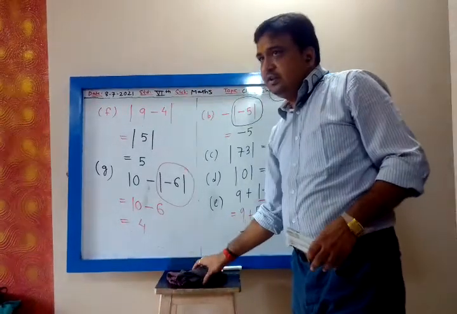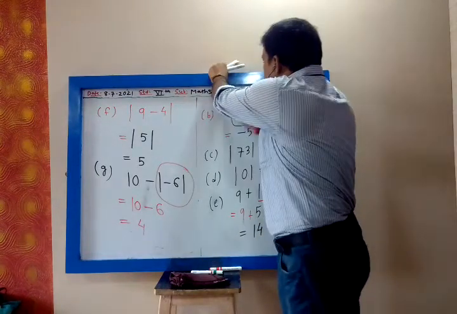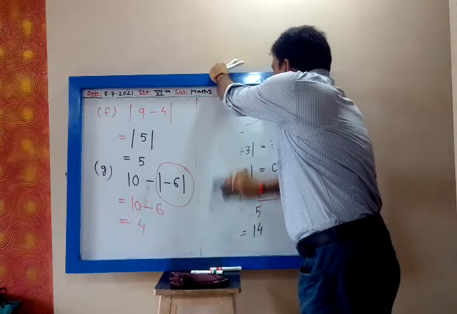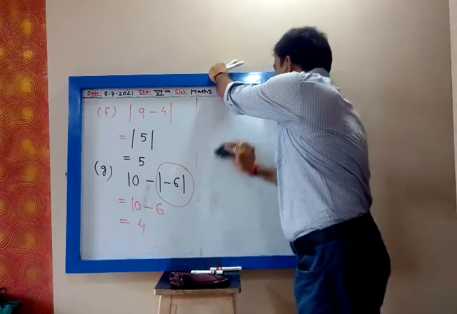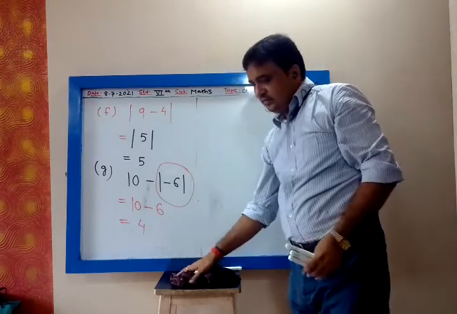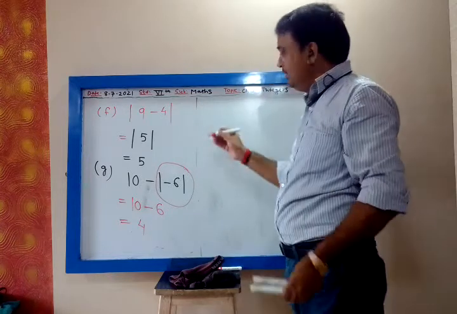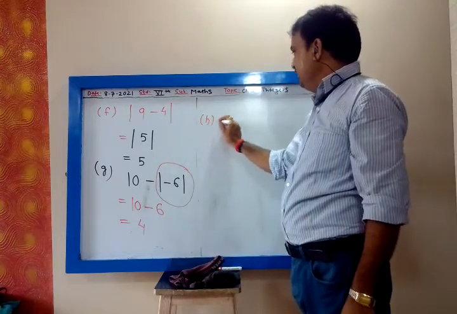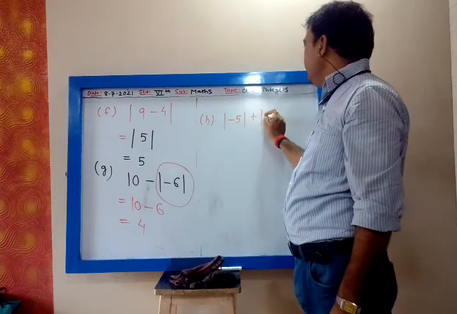Now H, absolute value of minus 5 plus absolute value of minus 7.